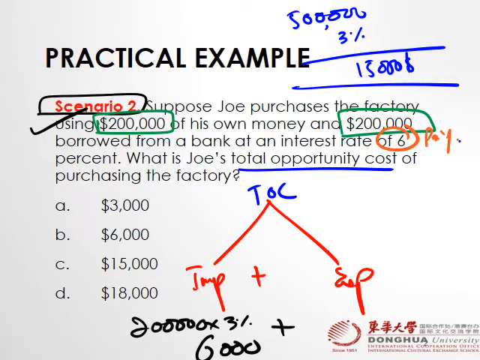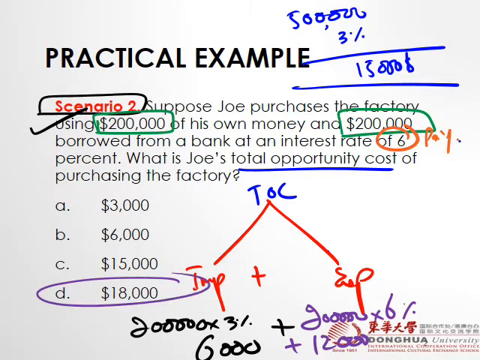And how much is the explicit cost that actually goes out from his pocket? So he borrowed money, how much? 200,000 from the bank, and he will pay 6%. How much? 12,000, right? So 6,000 plus 12,000, the answer is 18,000.